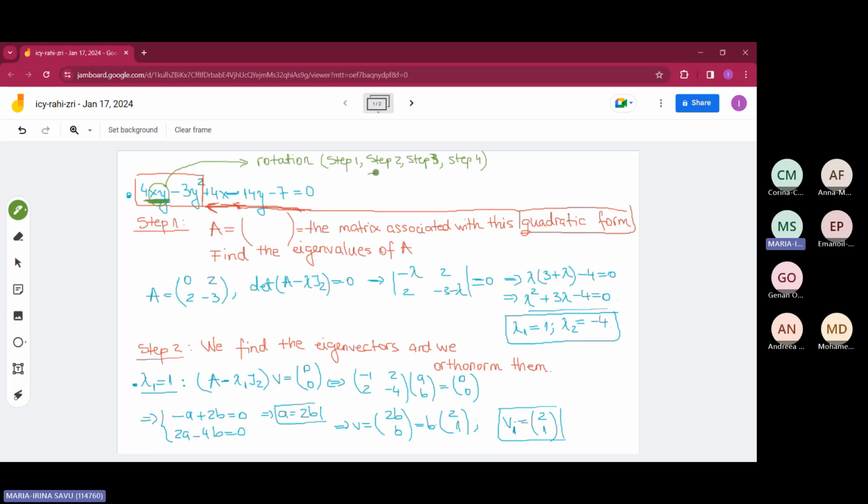So if xy doesn't appear in the equation, we go to step 5, which means translation.